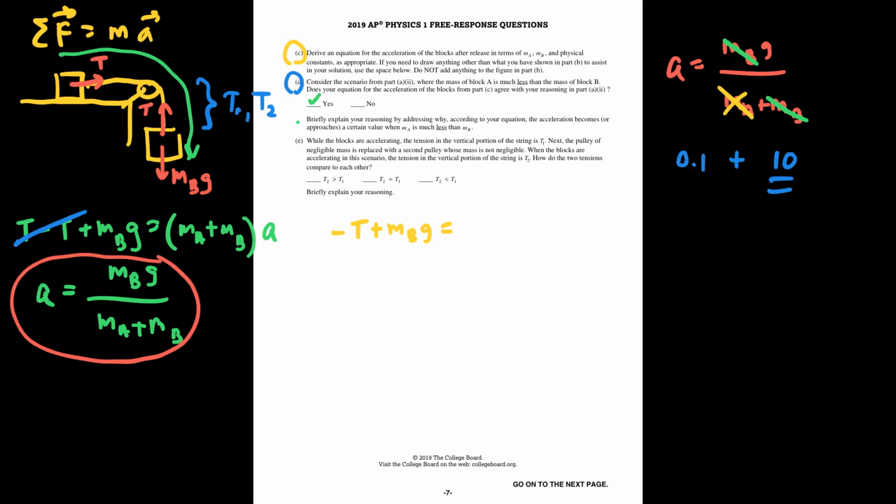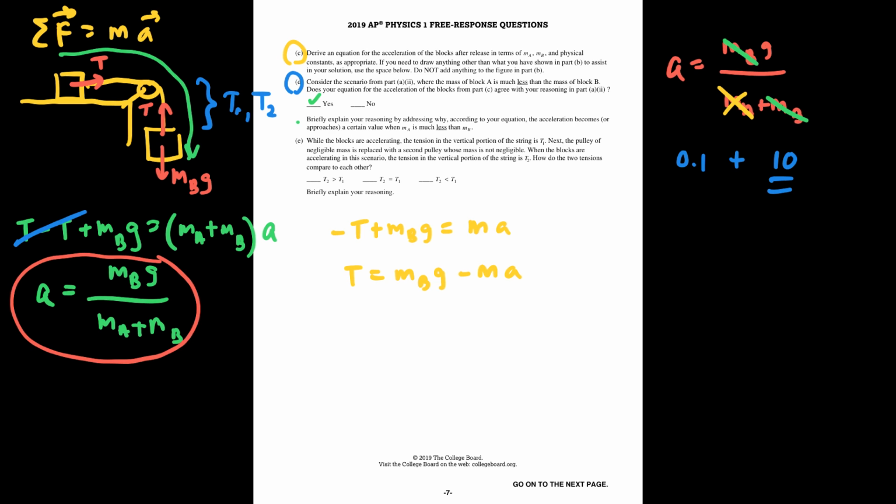That would be minus T plus mBg equals mA. If I solve this for T, adding T to the right and subtracting ma to the left, I would get mBg minus ma for the tension.